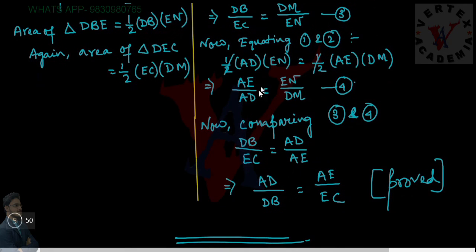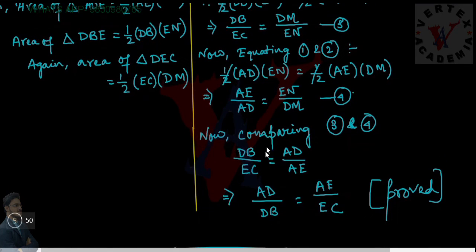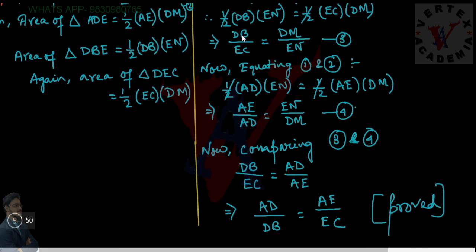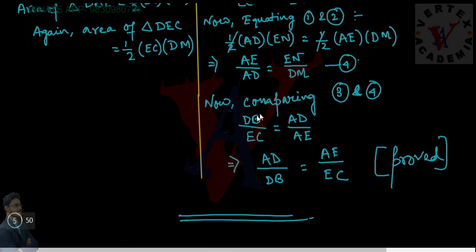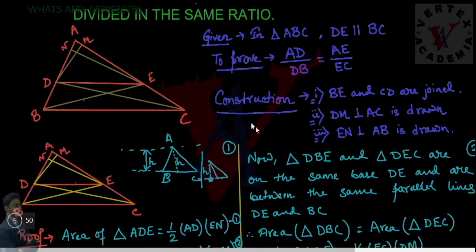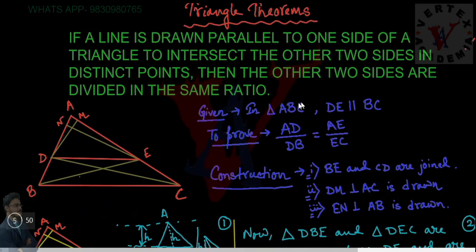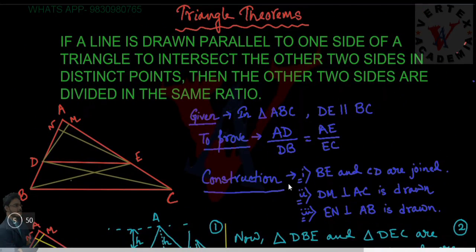So comparing the right hand sides, we get DB by EC equals the reciprocal of this, so AD by AE. And from that, with a simple algebraic manipulation, DB comes down, so AD by DB equals AE by EC. So I hope this is clear how to think while solving this type of problems.